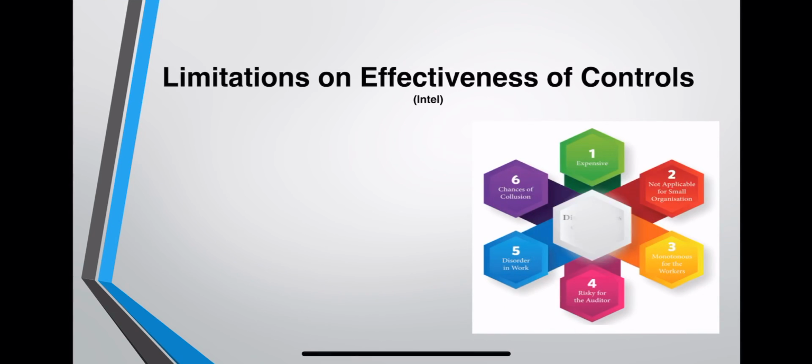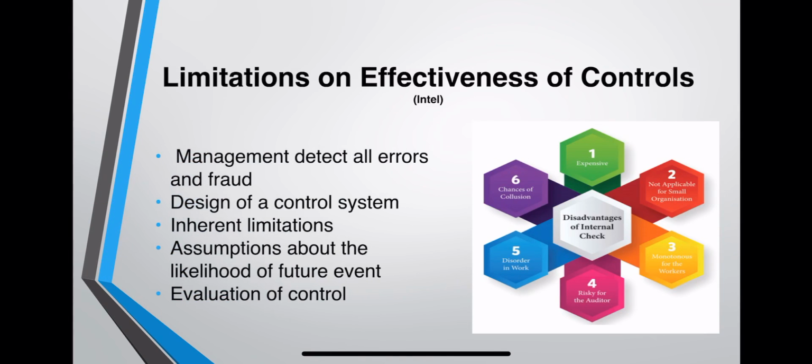So now the limitations on effectiveness of controls. These are the points which will cover the limitations. The first one is that management cannot detect all error and fraud. Management, including the CEO and CFO, does not expect that our disclosure controls or our internal controls over financial reporting will prevent or detect all error and all fraud.